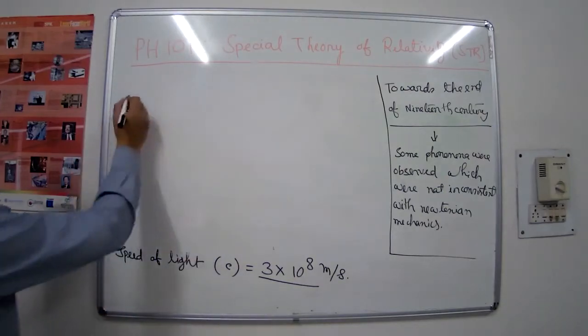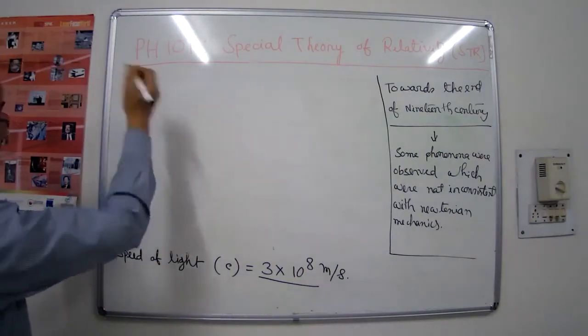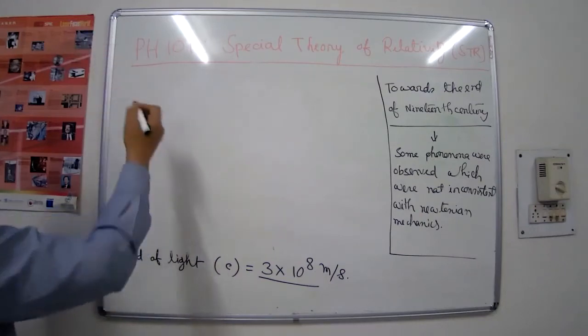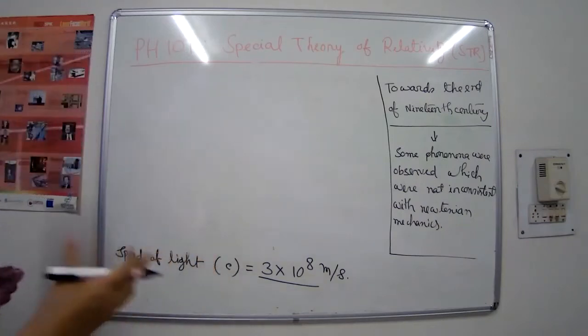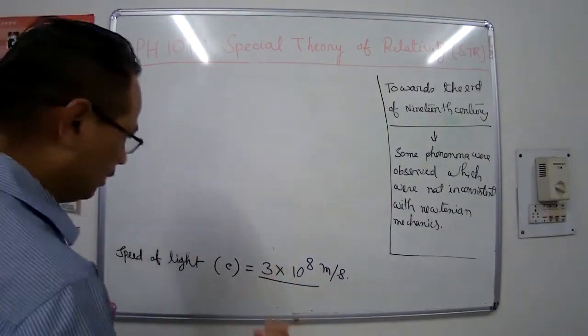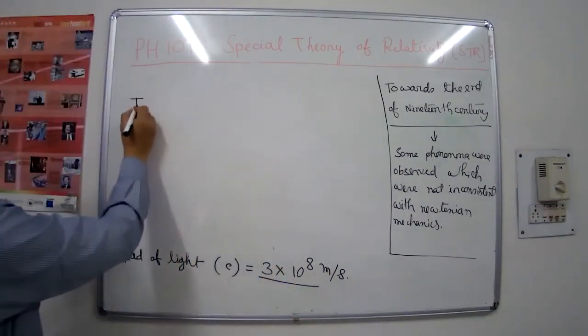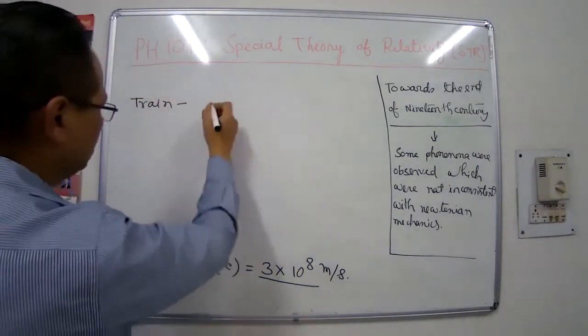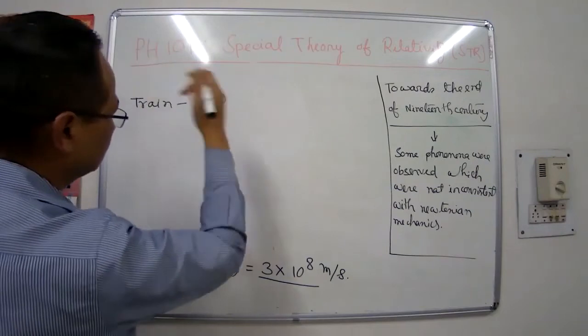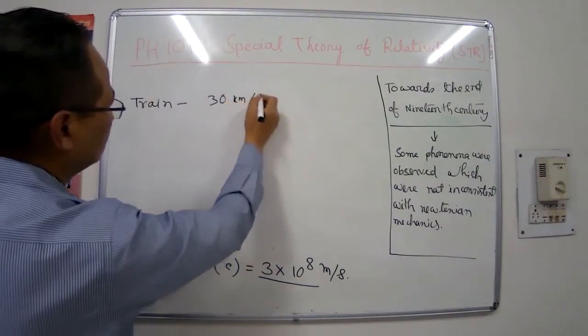So for example, during 1700 or 1800, when one was looking at a big body moving with a high speed, probably one could think about a train. Now, what is the speed of a train? It will be something like, let's say, 30 kilometers per hour.